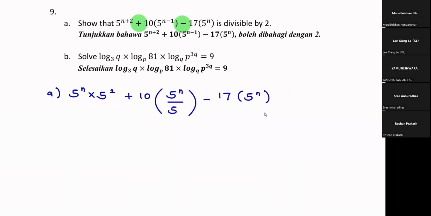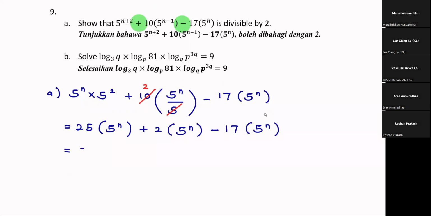Okay, saya nak susun lagi. Okay, I'm going to factorize 5n, class. Ni. So now factorize 5n ni. Ni 10, 5n.